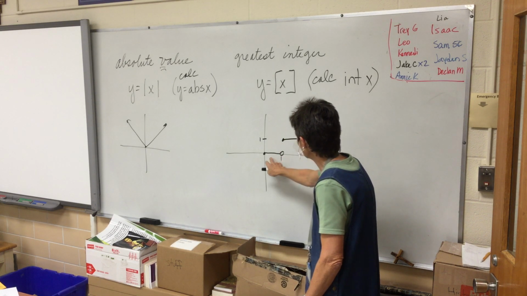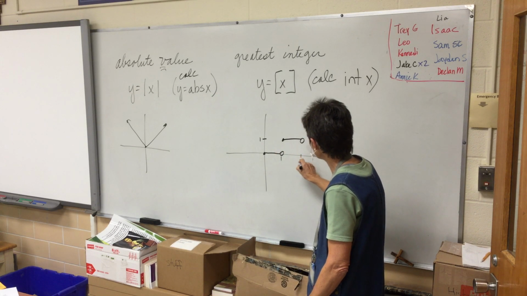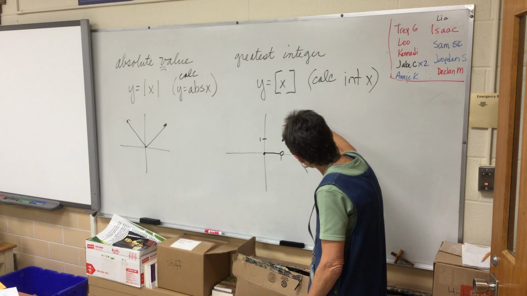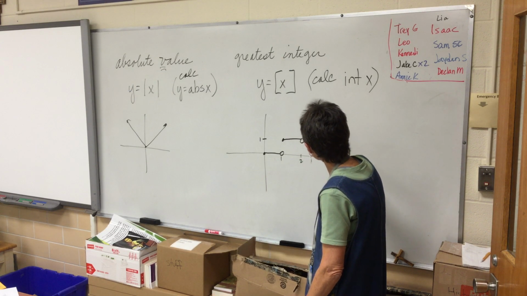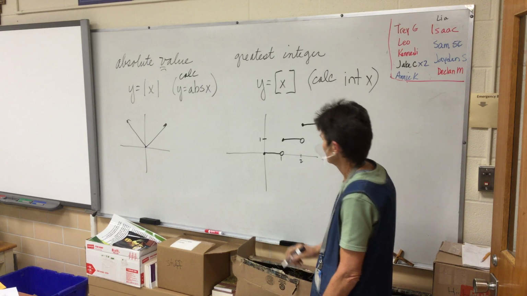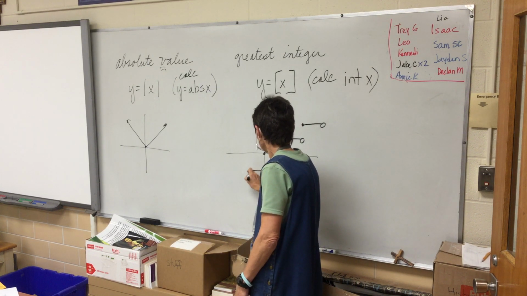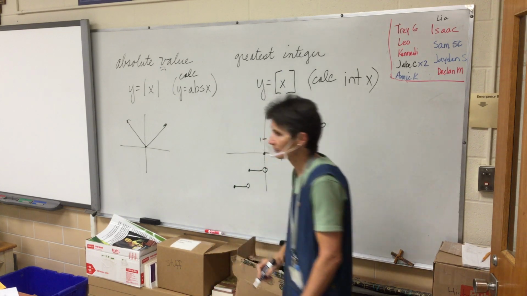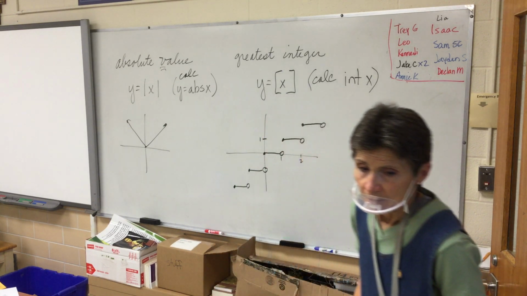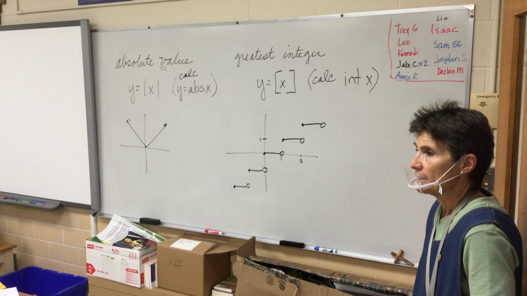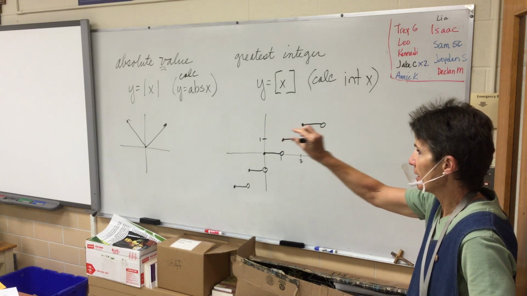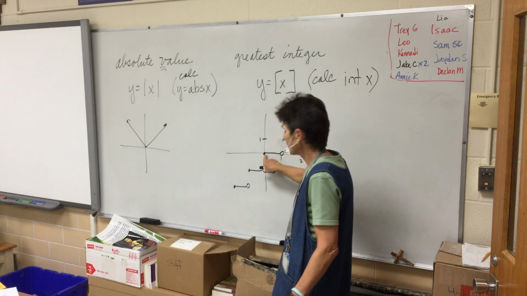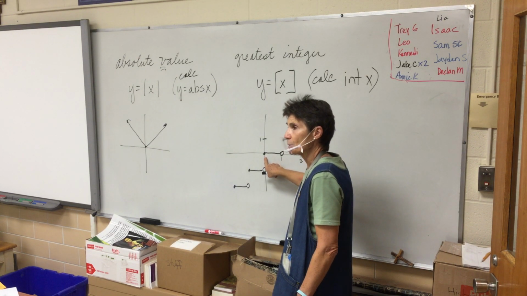Make a bar the same length over another unit. Open dot. Go up 1, over 1, open dot. This is your greatest integer function. It's nothing but a closed dot, open dot, closed dot, open dot. Just make sure you start with a closed dot on the origin.